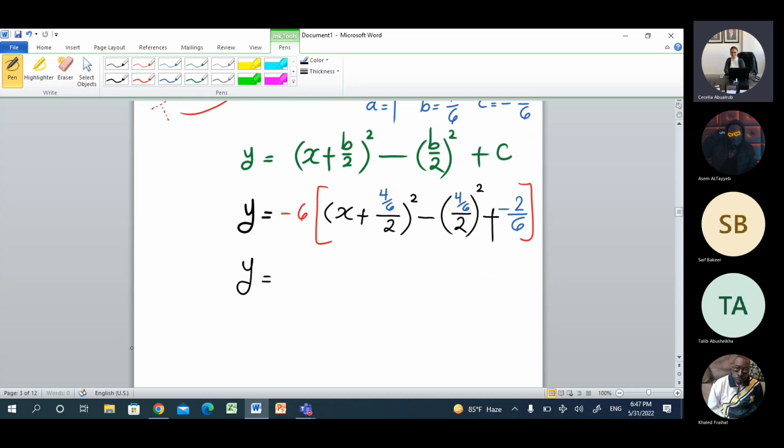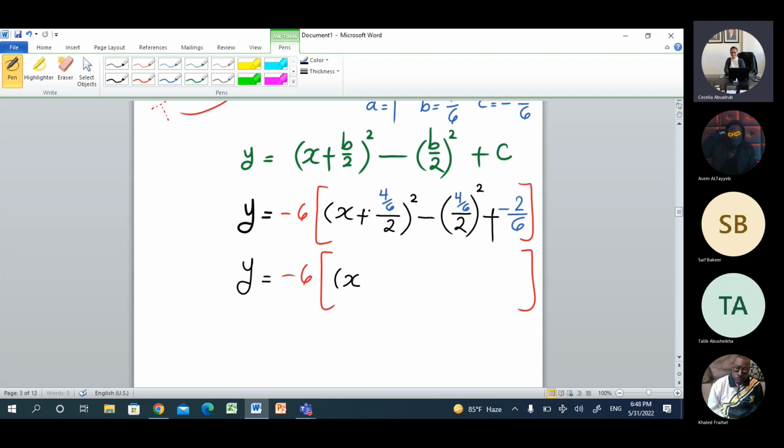So y is equal to, don't forget the negative 6 and the squarish bracket. So here it will be x plus 4, if you insert the fraction button, 4, go with the arrow down, 6, go again with the arrow down, 2.